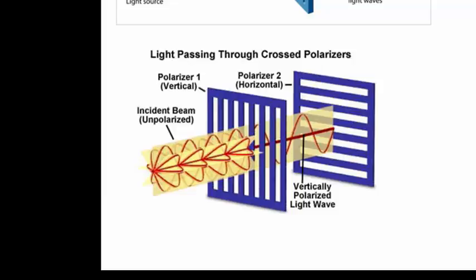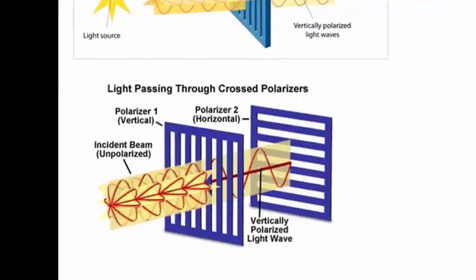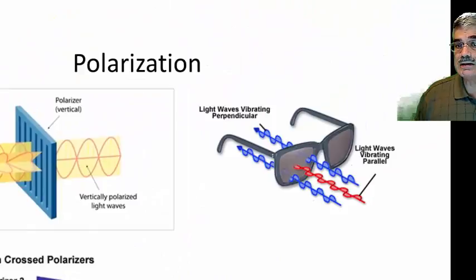Now, this may seem like a very esoteric property of light, but it turns out it's relevant to our daily lives, because many of you will have a pair of Polaroid sunglasses. Yes, these polarizers or filters that I've been talking about turn out to be the lenses for Polaroid glasses.